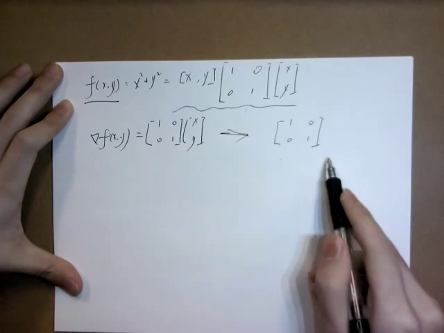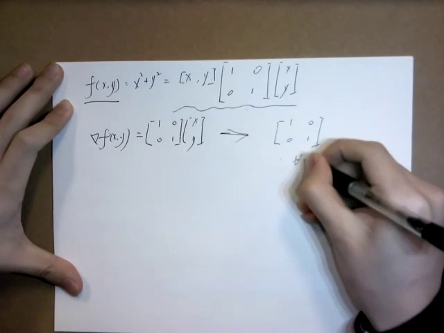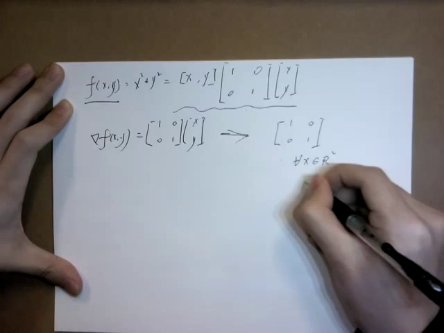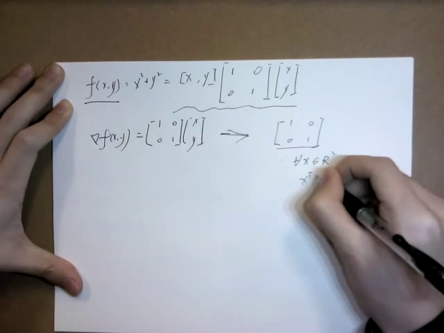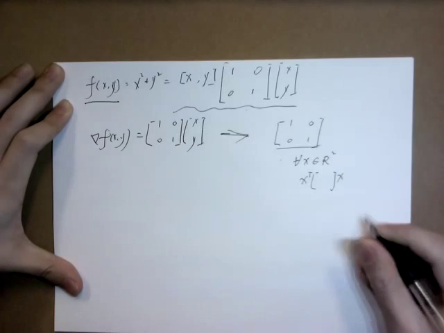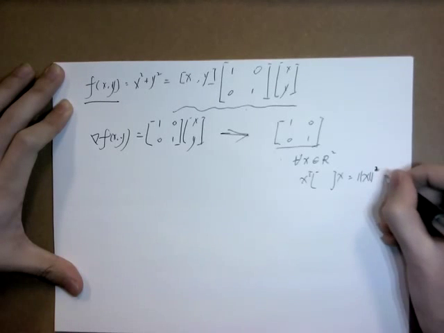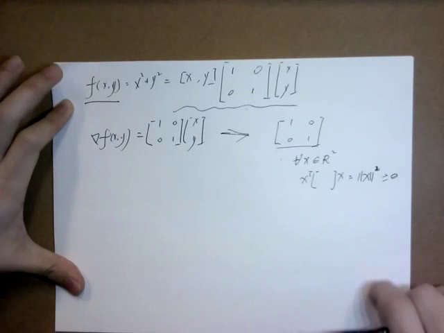And since it's an identity matrix, for an arbitrary vector x belonging to R2, x transpose multiplied by this matrix multiplied by x will be the norm of x squared, which is larger than or equal to 0.